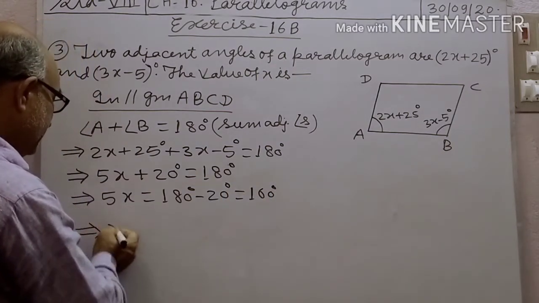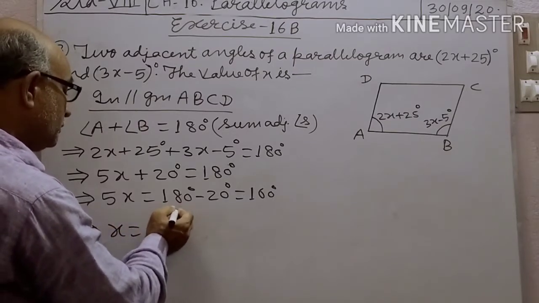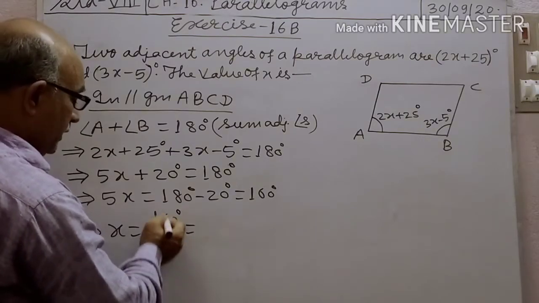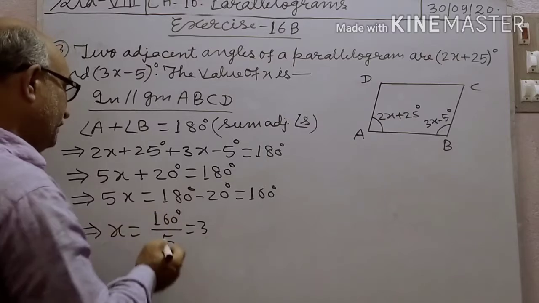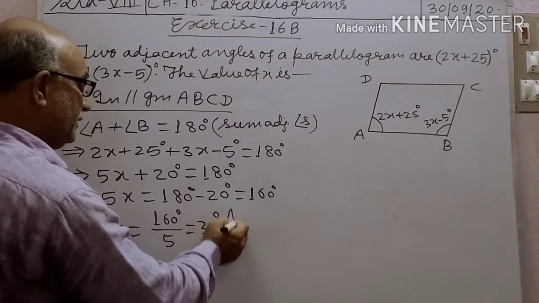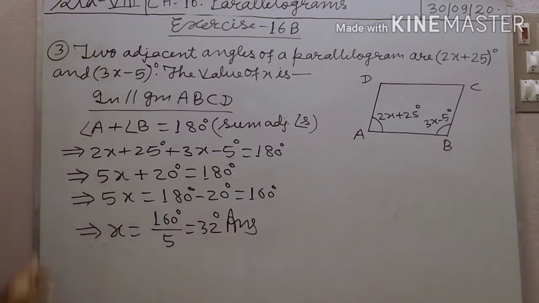That implies x equal to 160 degree by 5, equal to 32 degree. Answer of this question. So understand and write it.